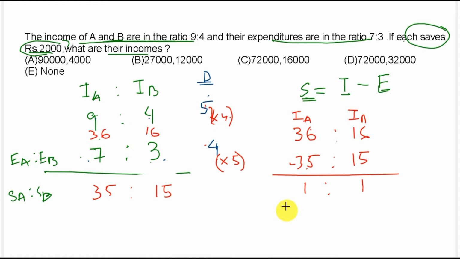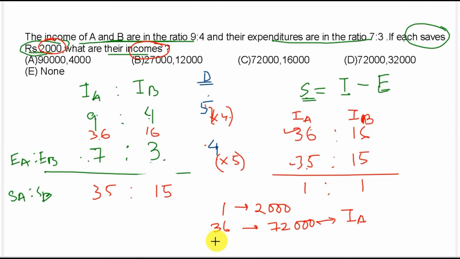Now this value of 1 here is equivalent to how much? 2000 according to the question, right? So this is given as 2000 saving, and what we have to find is the incomes. Income of A is 36. So 36 is equal to 72,000. So this will be your income of A in exact money, right?